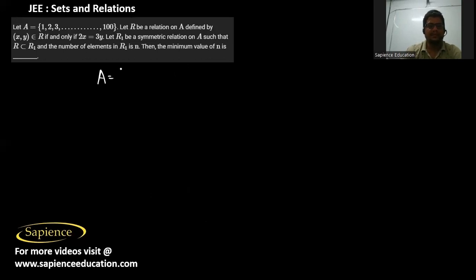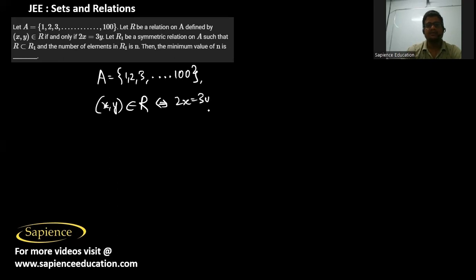Then here it is told that the set A is 1, 2, 3 till 100. And let R be a relation on the set A defined by (x, y) belongs to the relation R if and only if 2x equals 3y.